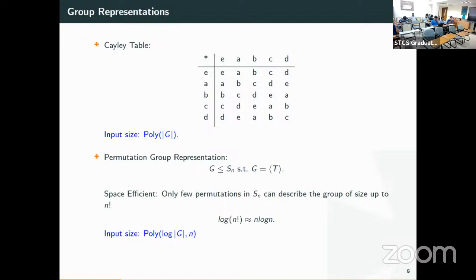Each of the permutations will be represented like that, and log |G| many permutations can be there. So we have to add n here because the size of the group G can be very small, but still we have an n-length permutation. So we need n in the input size.